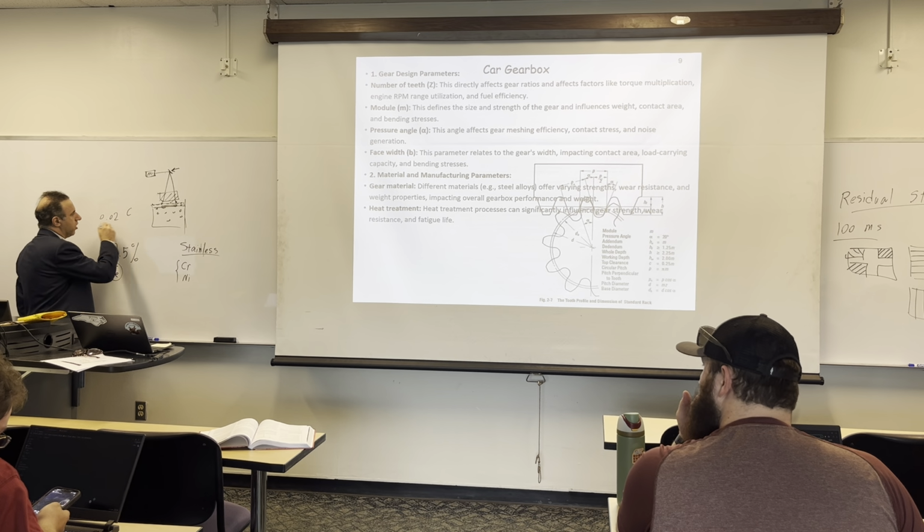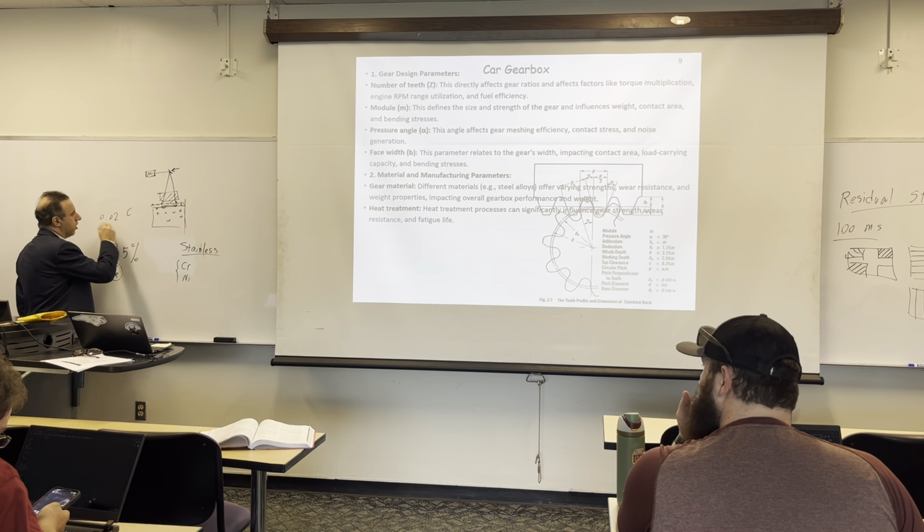But for stainless steel, we have 8% nickel. This is 17% chromium. Then iron is going to be about 55%. We have other alloy elements. That's why when you want to buy stainless steel, the price of this one is going to be double of this one, because this one is only iron. This one has these alloying elements, which makes it expensive.